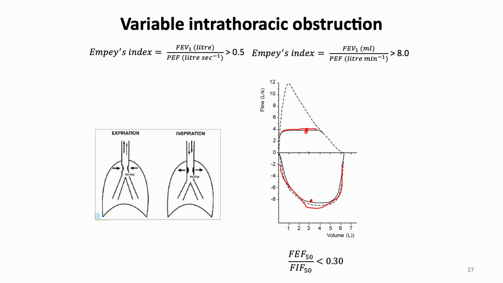So it'll usually be less than 0.3 or 30%. So together, these three things: increased MPS index, a flat expiratory curve with normal inspiratory curve, and a reduced FEF ratio will indicate the presence of intrathoracic obstruction.